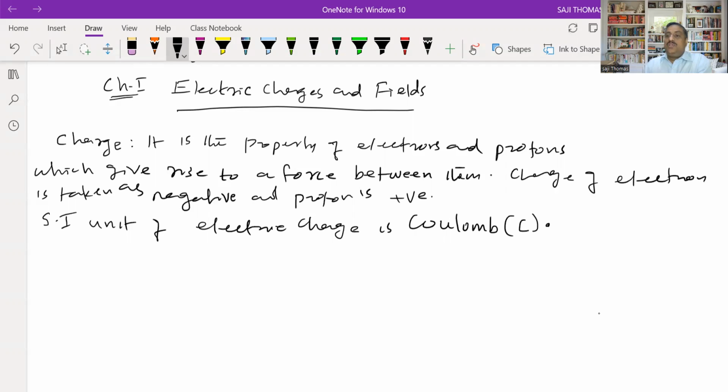The basic unit of charge is the charge of proton or electron. What is the basic unit of charge? Charge of an electron or proton.